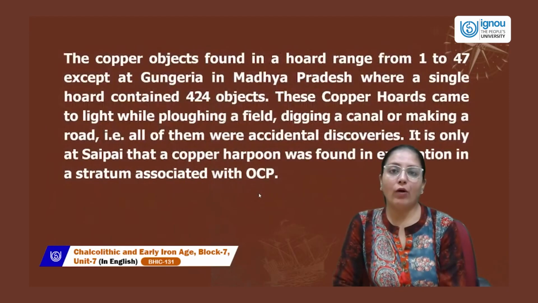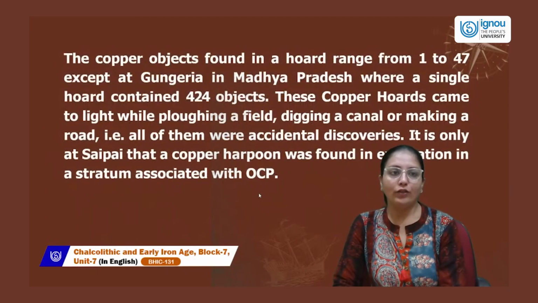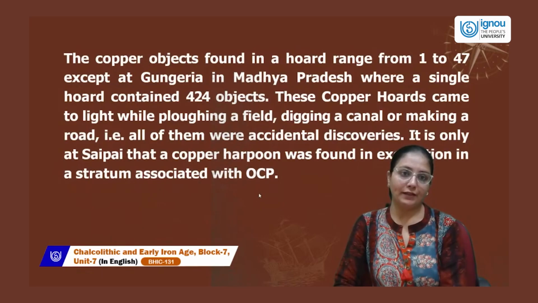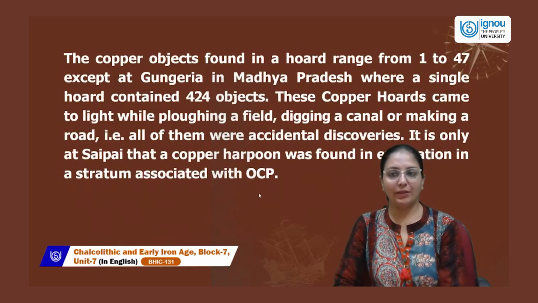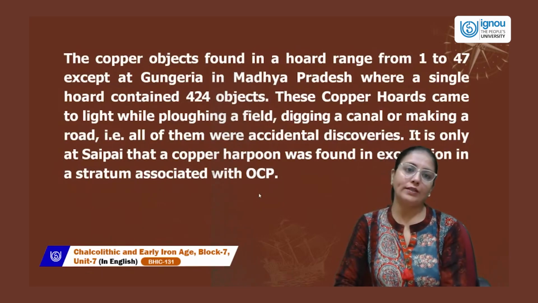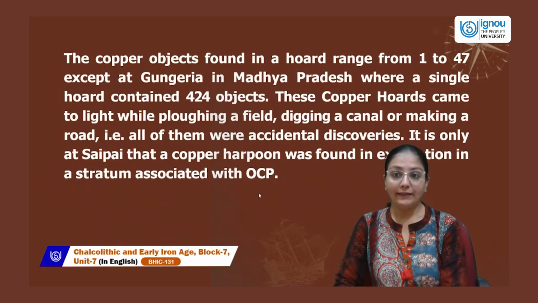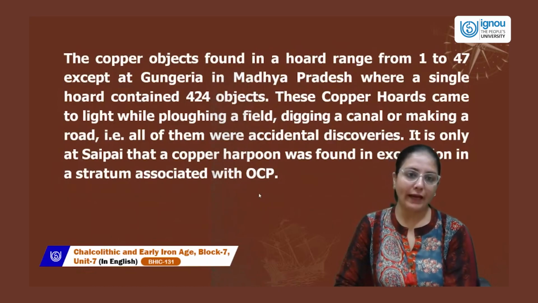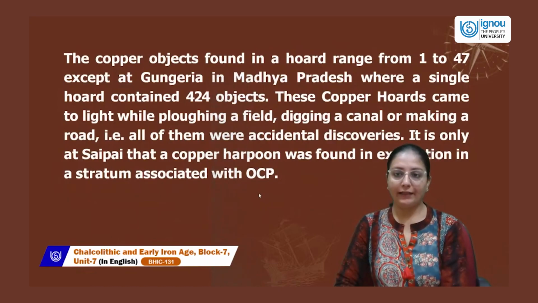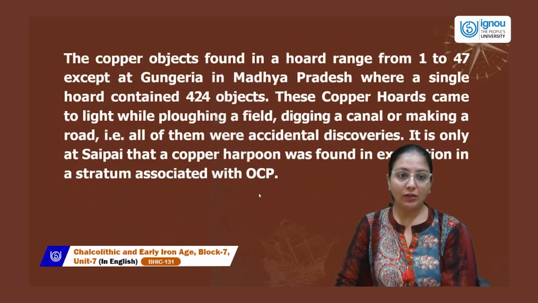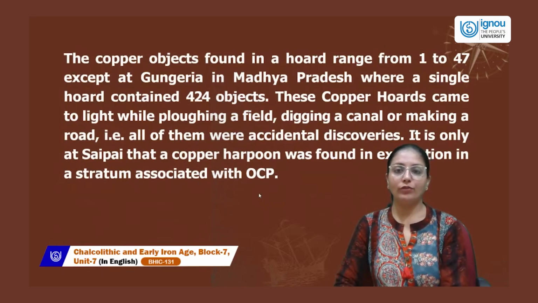The copper objects found in a hoard range from 1 to 47, except at Gungeria in Madhya Pradesh, where a single hoard contained 424 objects. These copper hoards came to light while ploughing a field, digging a canal, making a road. All of them were accidental discoveries.